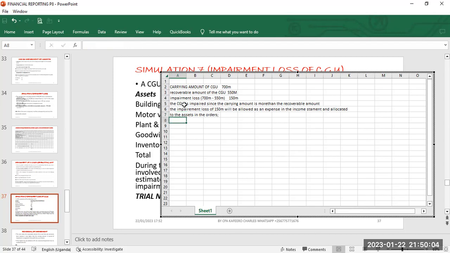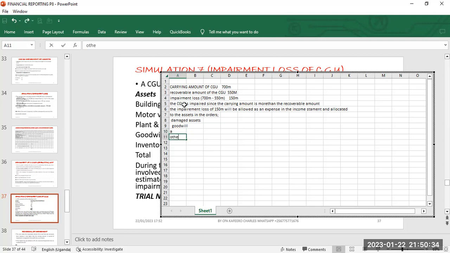We said one, start with the damaged assets, damaged or destroyed assets. And the second item we go to next is the goodwill of the CGU, then other assets.